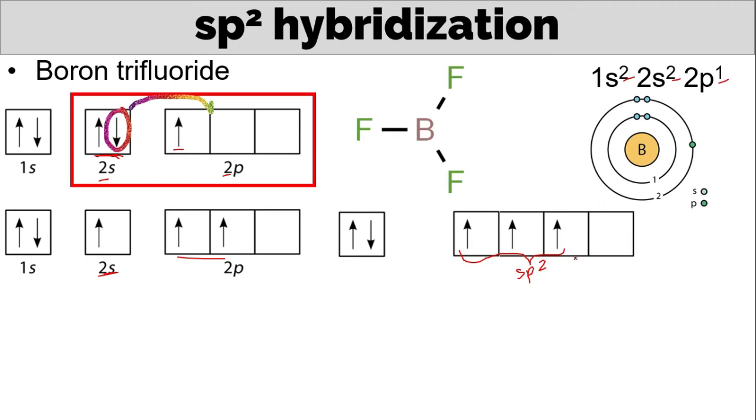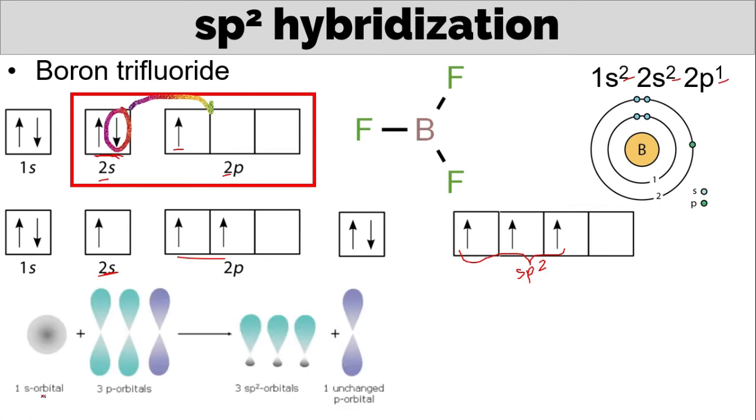And if we're going to look at the molecular shape, it is like this. So one s orbital, 3 p orbitals, they will form 3 sp2 orbitals, plus the one unchanged p orbital. Okay, the sp2 hybrid orbitals have a trigonal planar orientation.